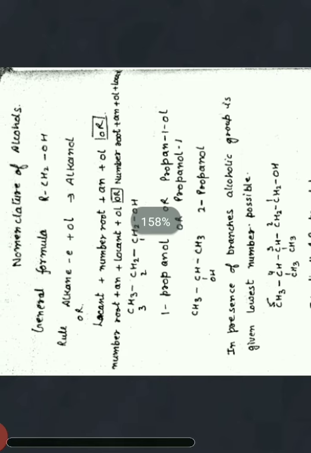Now the next group of compounds which we have to study is nomenclature of alcohols. Alcohols we have studied in class 10, methanol and ethanol. So here alcohol is basically a general arrangement of oxygen and hydrogen in a compound.